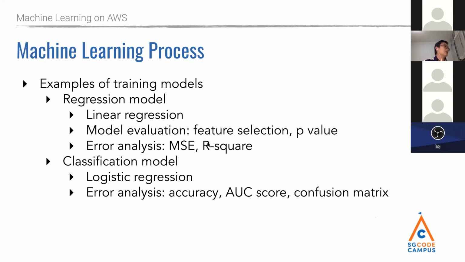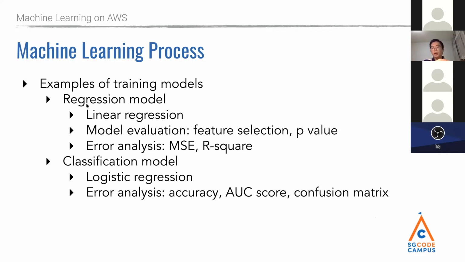There are two examples I'm going to show. These two are both supervised learning. As I said, we are going to focus on supervised learning. The first category is so-called regression. The second is classification. The difference between regression and classification is decided by the outcome you are trying to predict.